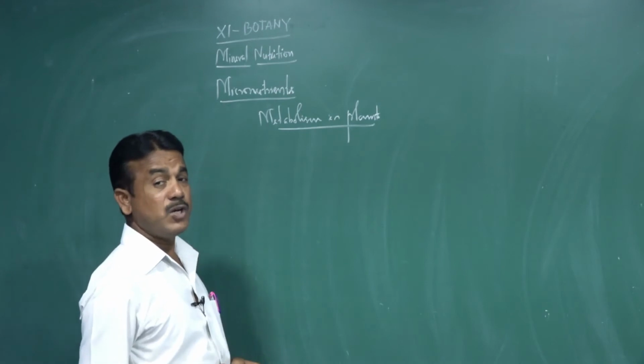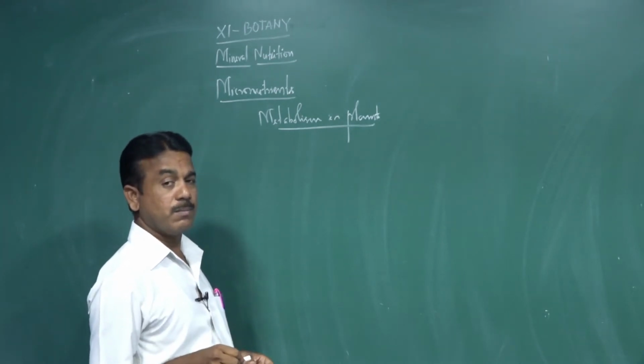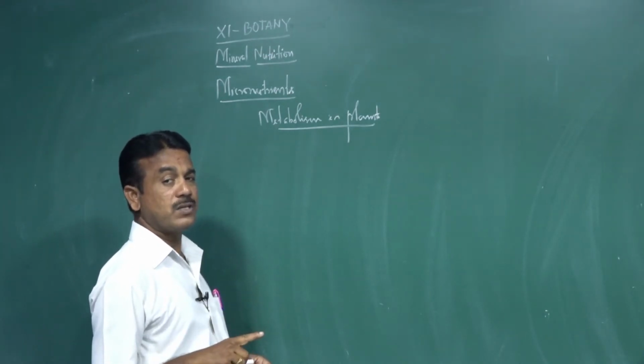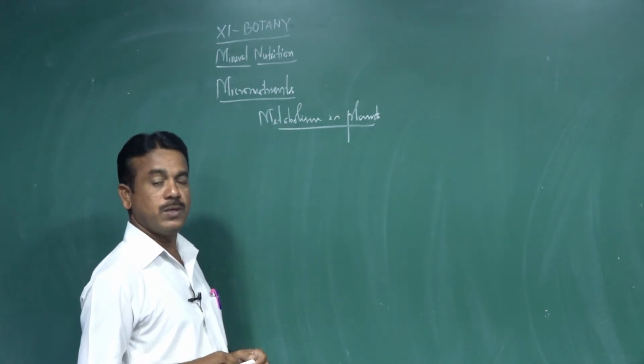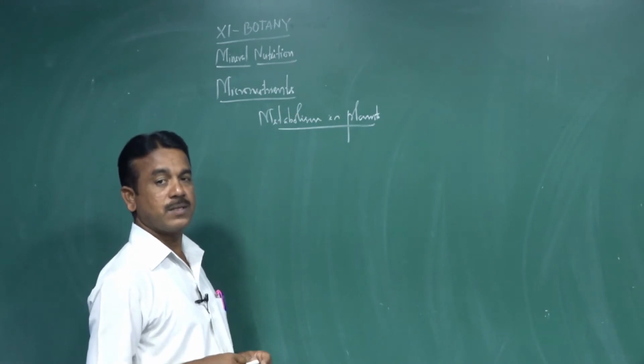If it is available only in trace amounts, but without the trace amount of micronutrients, no metabolism is possible in the plants. So it is a must in the plants.